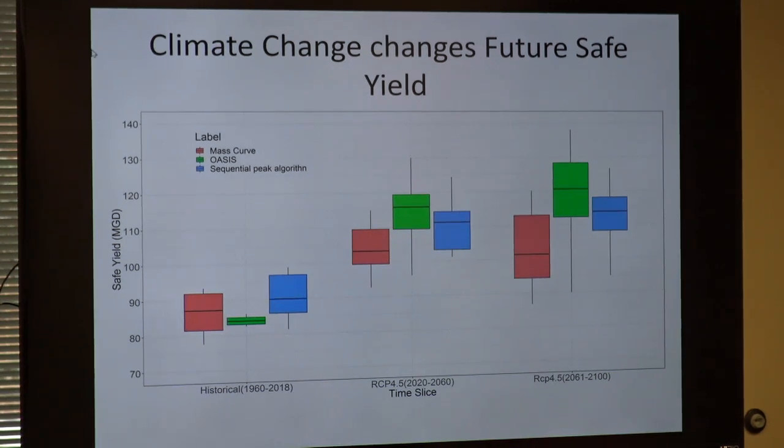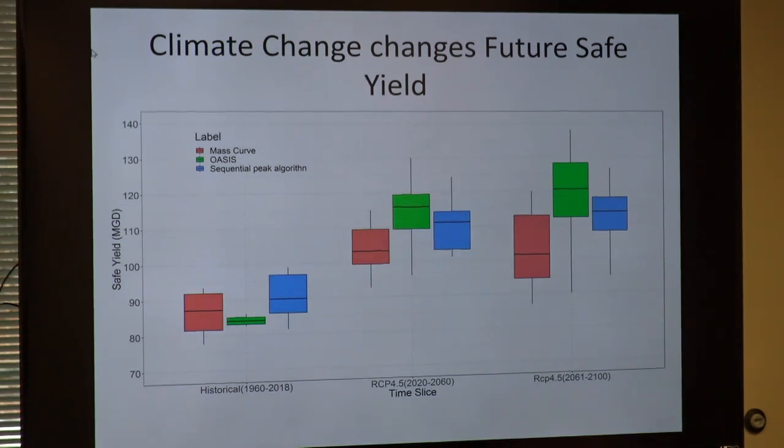RCP 4.5 is Representative Concentration Pathway 4.5, which is the climate change scenario based on CMIP5, equivalent to a low carbon emission scenario. We do not have the other scenarios in here, but we also ran the model to mimic the high emission scenario, which is RCP 8.5.